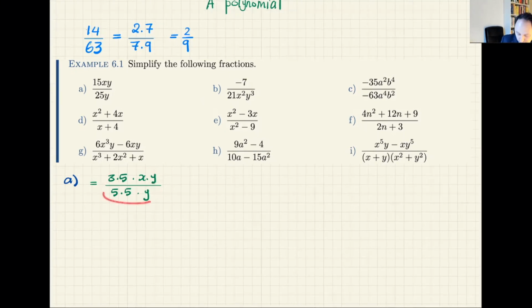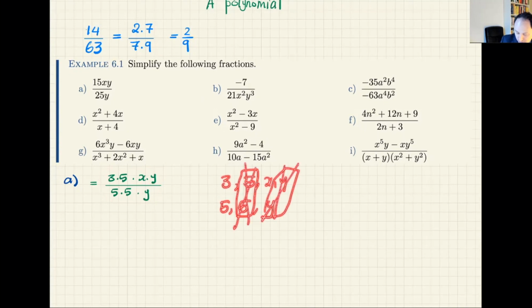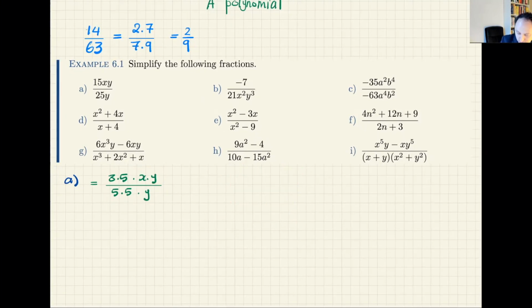This is already in factorized form. And if I ask you what are the factors of the numerator, you would say 3, 5, x, and y. If I ask you what are the factors of the denominator, you say 5 and y. So you see I have one common factor here and one common factor here. These can be canceled out. And then 3 and x, 5 are left. So I will do it like this.